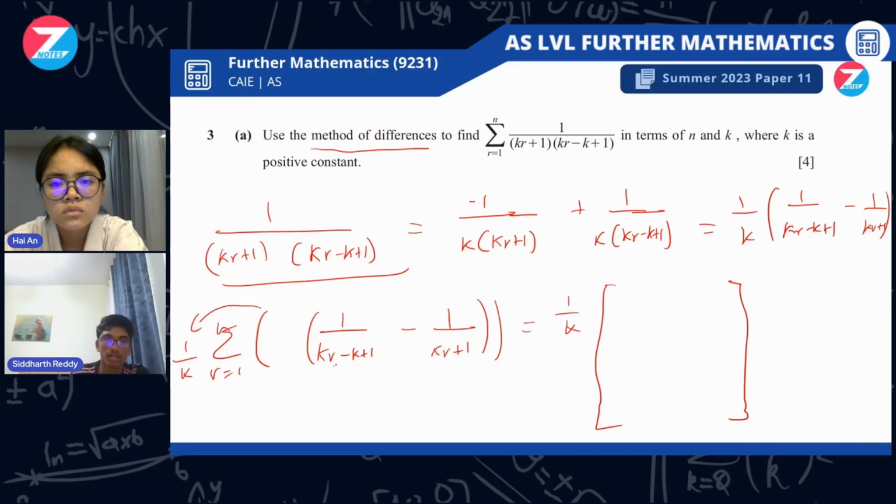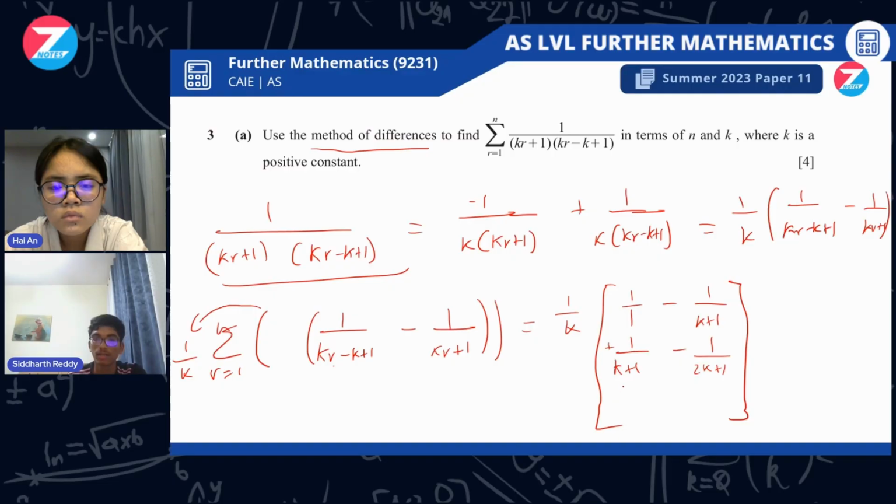And if we put r is equal to 1 first, we get k minus k plus 1, which is just 1, so 1 by 1, minus 1 by k into 1 plus 1, it becomes k plus 1. And when r is equal to 2, it becomes 2k minus k plus 1. 2k minus k is just k plus 1, minus 1 by 2k plus 1.